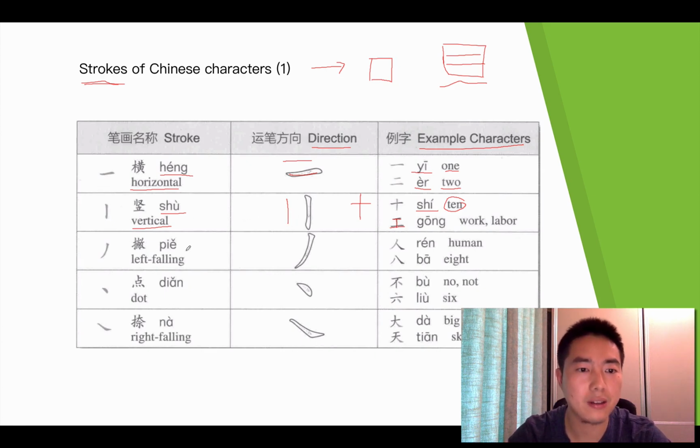Now the next one is left falling stroke. It's called 撇 in Chinese. So the left falling stroke is from the right top to the left bottom. But pay attention. We should stress in the beginning and gradually unstress it at the ending.